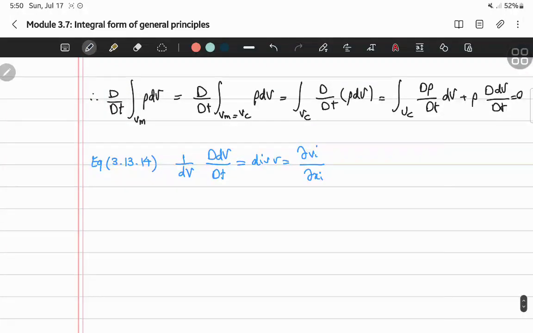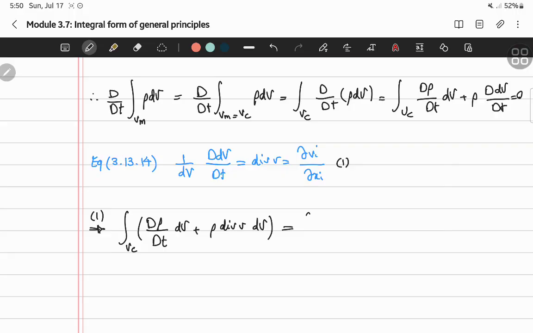So based on this, if we use, for example, equation 1, then we can write this as the integral over V_C of d rho/dt dV, plus d(dV)/dt, so we will have dV times the divergence of v, and we also have rho in here, so this becomes rho divergence v dV.